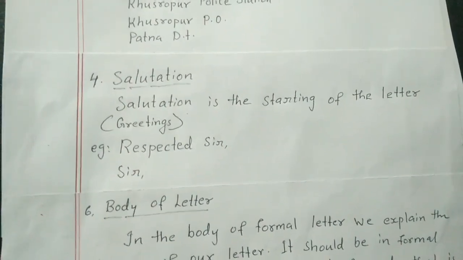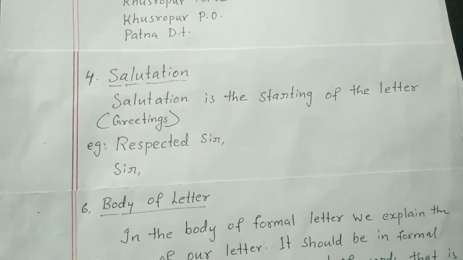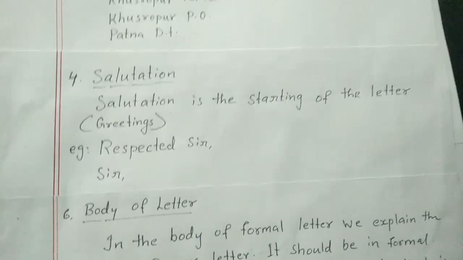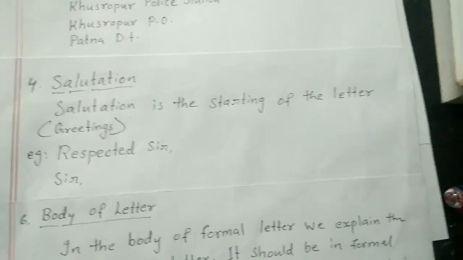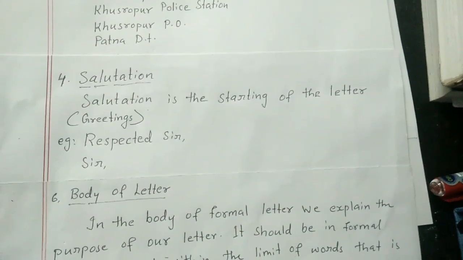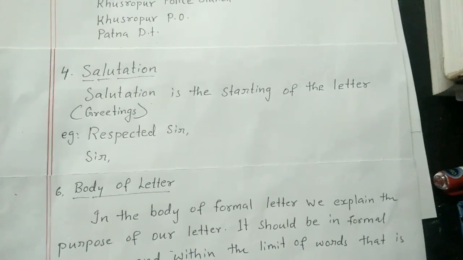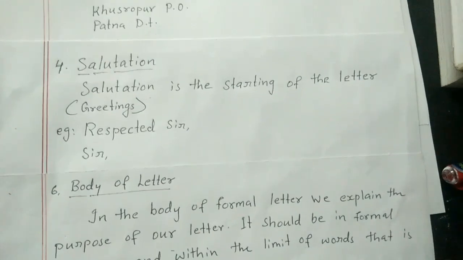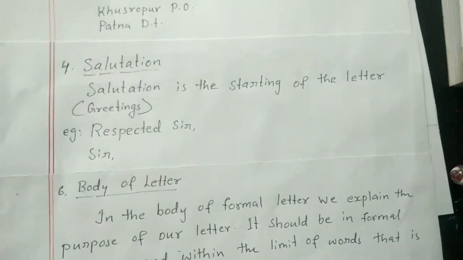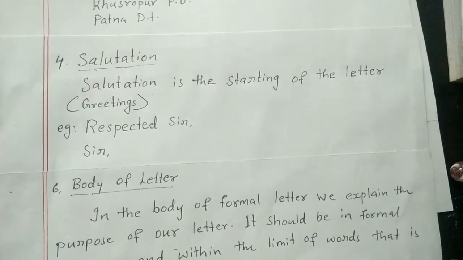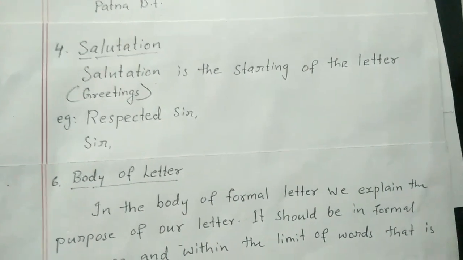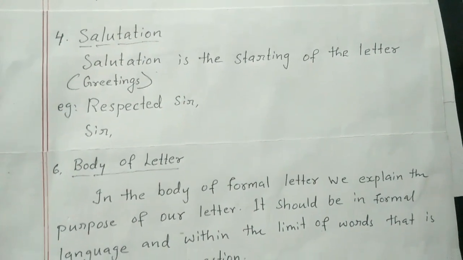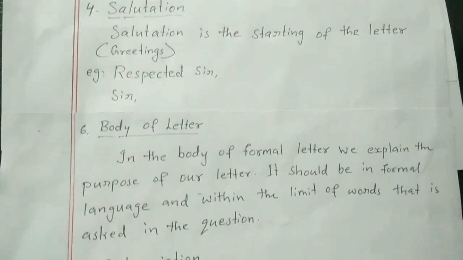Next comes salutation, that is the fourth step, and give the description. Salutation is the starting of the letter, or in simple words, greetings. An example: respected sir or sir. And after salutation, a comma should be put.